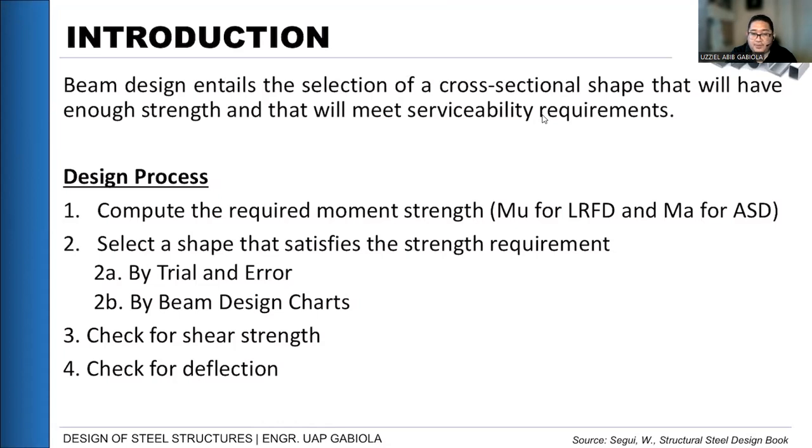So first step is to compute the required moment strength. So with the given loadings, identify natin yung ultimate moment or allowable moment using yung load combinations natin for LRFD and ASD.